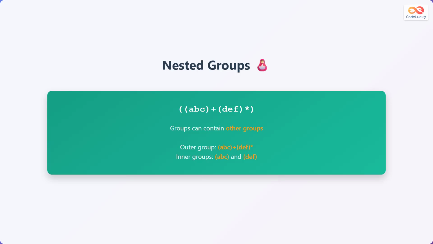The outer group is ((ABC)+(DEF)*). The inner groups are (ABC) and (DEF). Nested groups provide a way to organize and capture specific parts of a larger pattern.